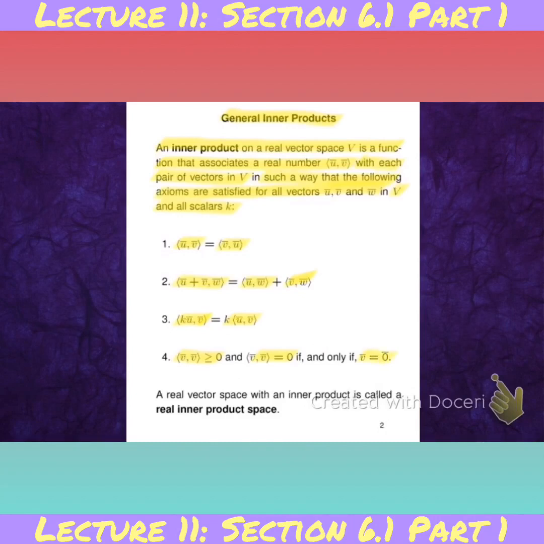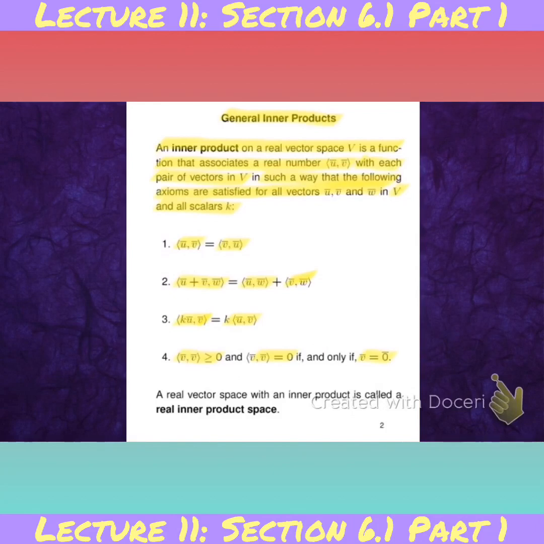Okay, so if v is the 0 vector, then the inner product of v with itself will be 0, and vice versa. If the inner product of v with itself is 0, it's going to immediately imply that the vector v needs to be 0. So that's what an inner product is defined as.